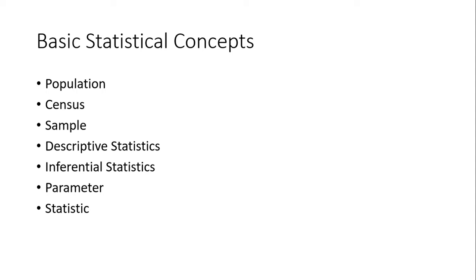Descriptive statistics result from gathering data from a body, group, or population and reaching conclusions only about that group. On the other hand, inferential statistics are generated from the process of gathering sample data from a group, body, or population and reaching conclusions about the larger group from which the sample was drawn.